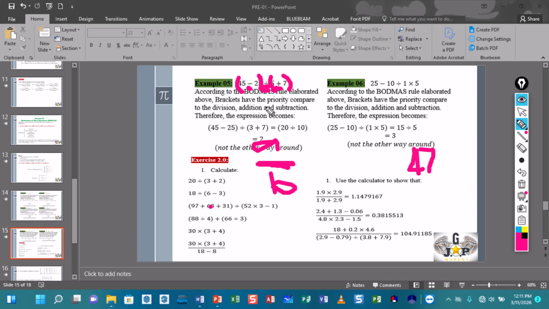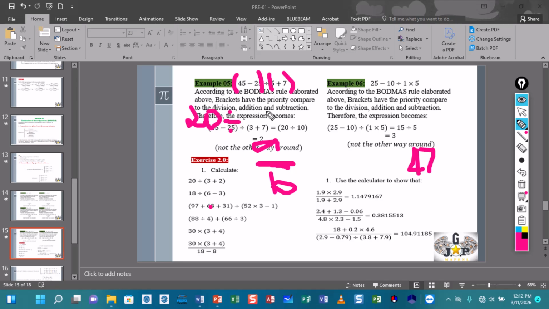So what we're going to do here, if we create the brackets here, something like this, right? So we have 45 minus 25, which gives us 20.